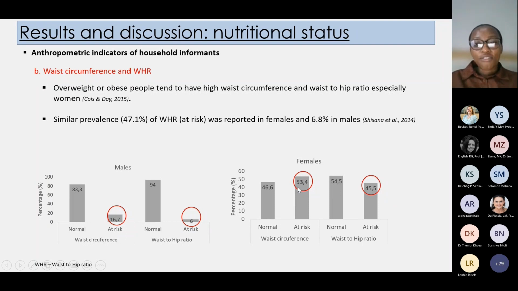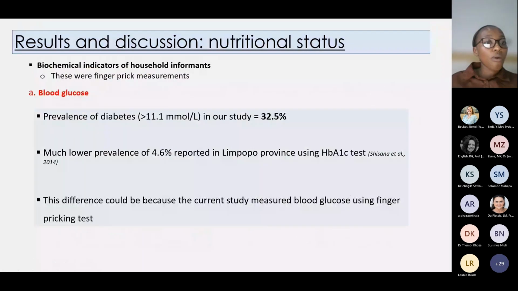It is visible that when we talk of waist circumference as well as waist to hip ratio, we found that females were at risk when compared to their counterparts, as they had a higher waist circumference as well as waist to hip ratio. And these findings are very similar to what Shisana et al. 2014 reported.